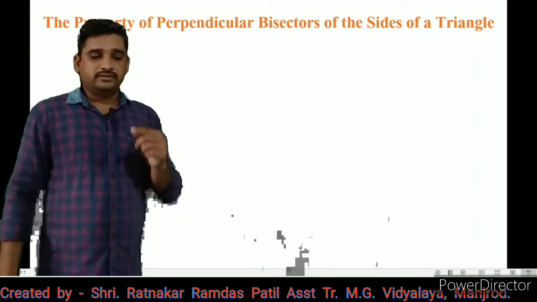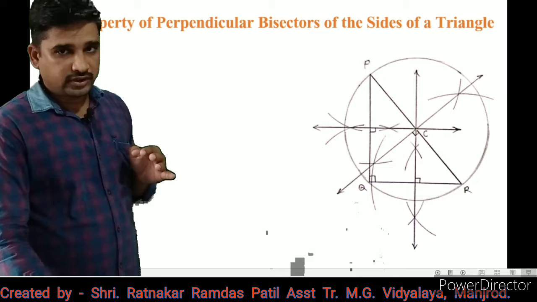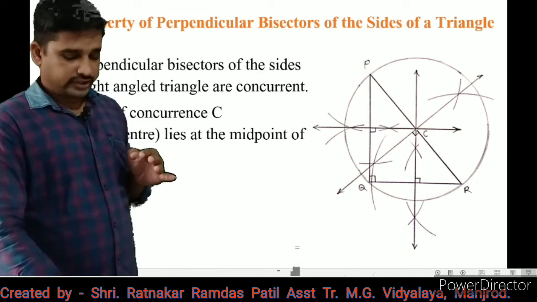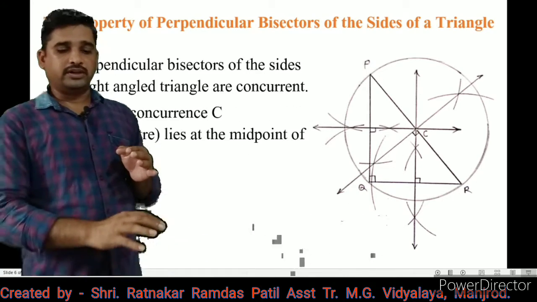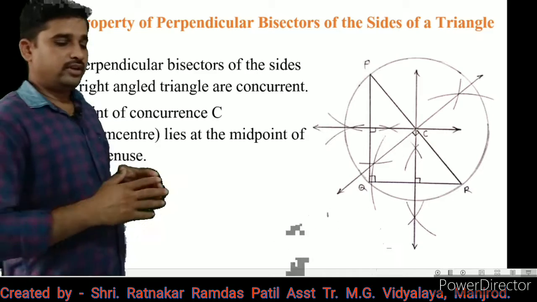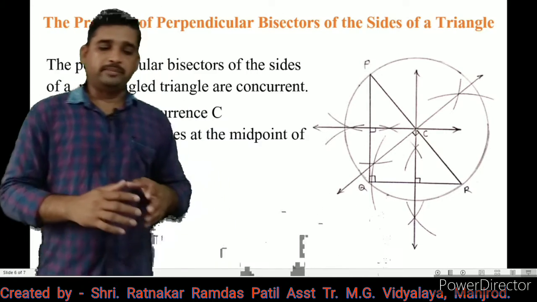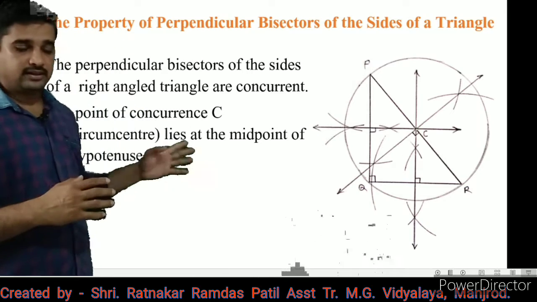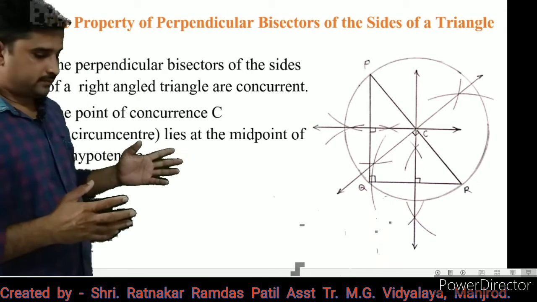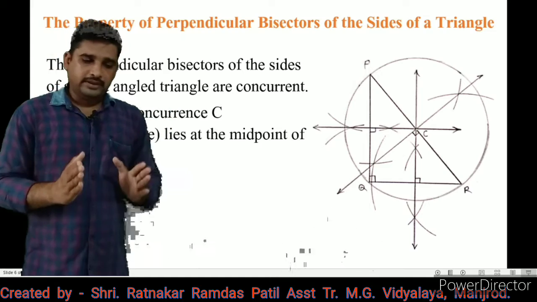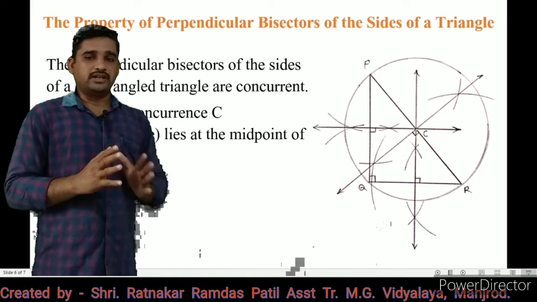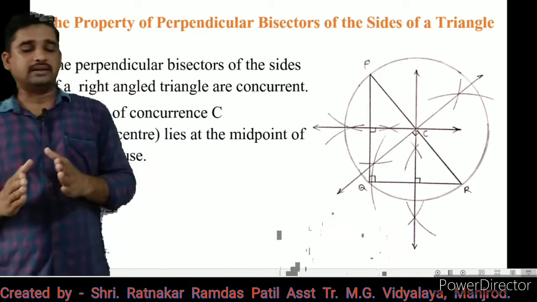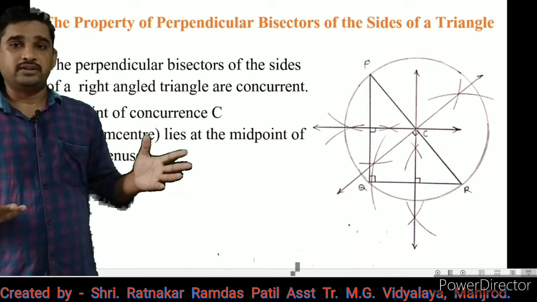Now if this property is studied for a right angle triangle, if we draw the perpendicular bisectors of the sides of a right angle triangle, what happens? The perpendicular bisectors of the sides of a right angle triangle are also concurrent.